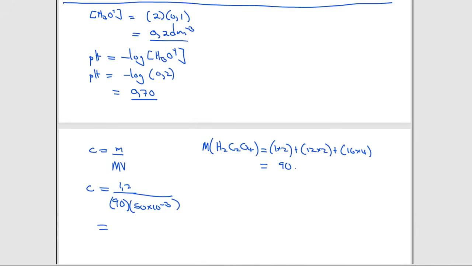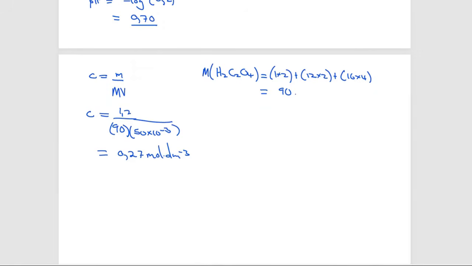So if I punch that into my calculator, it gives me a value of 0.27 mol per dm cubed. So that's how we go about this one.